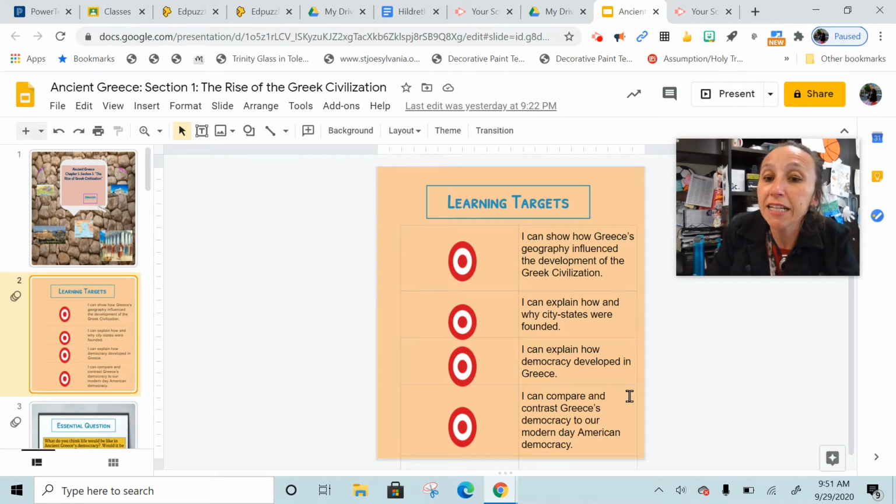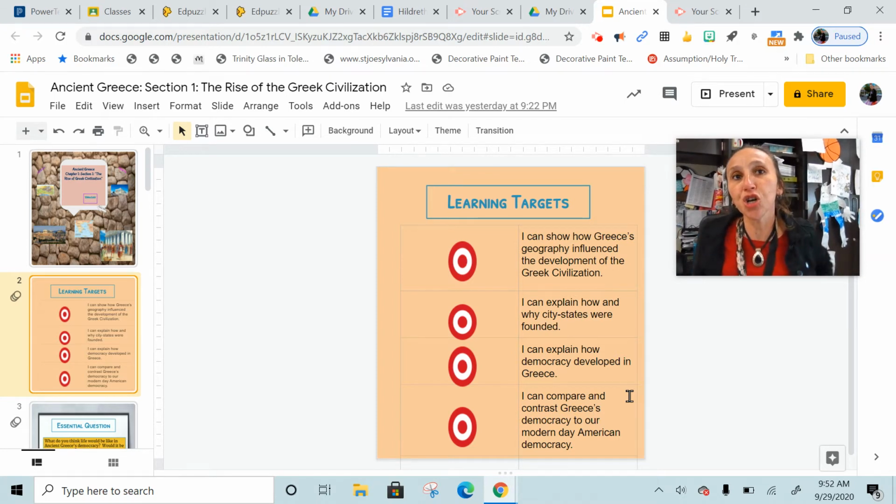Number 2, I can explain how and why city-states were founded. Number 3, I can explain how democracy developed in ancient Greece. Okay. So think about tyrants, think about our vocabulary words. They're very important to help explain what democracy was and how it came to be in Greece.